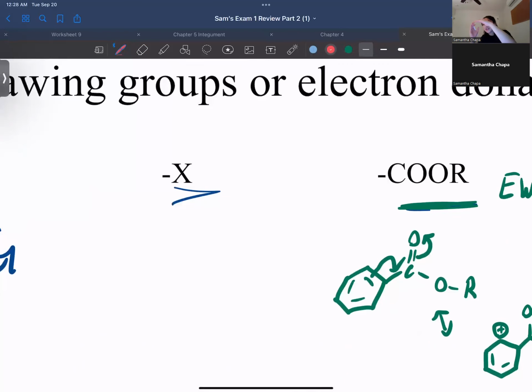And so anything going in that direction is going to be electronegative. So my halogens are actually electronegative. And so it is an electron withdrawing group, but not through resonance. It's going to be through the inductive effect, for the reason that our halogens are electronegative, so they're pulling away electron density through the inductive effect.